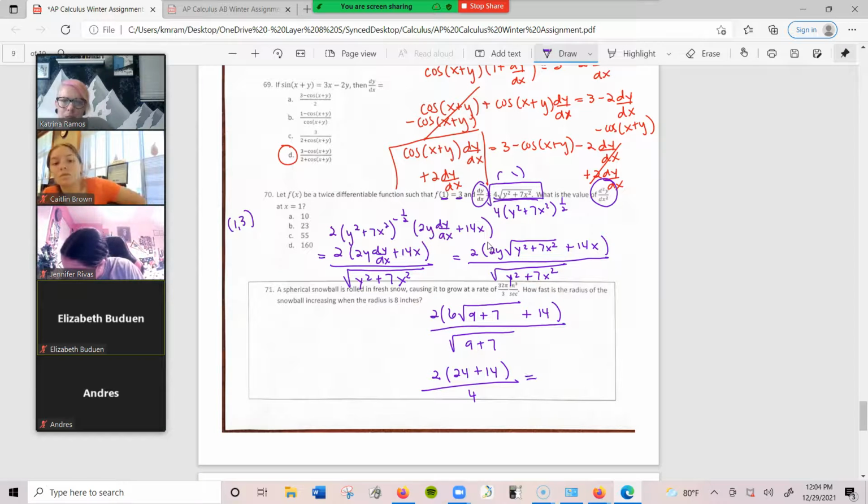Okay. 2 times 24 plus 14 is 38 divided by 4. You can do this any number of ways. You can multiply the 2 times 38 and then divide by 4. I can do 2 over 4, which is going to be 2, and then 38 divided by 2 gives me a final answer of 19.